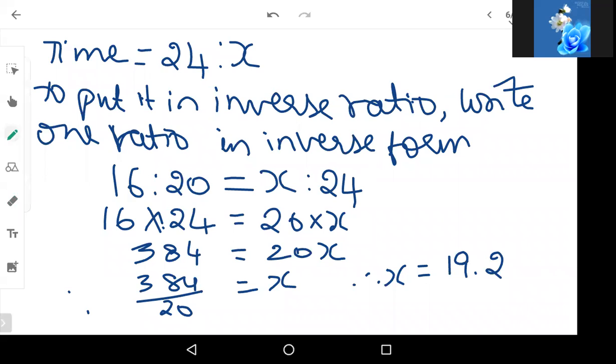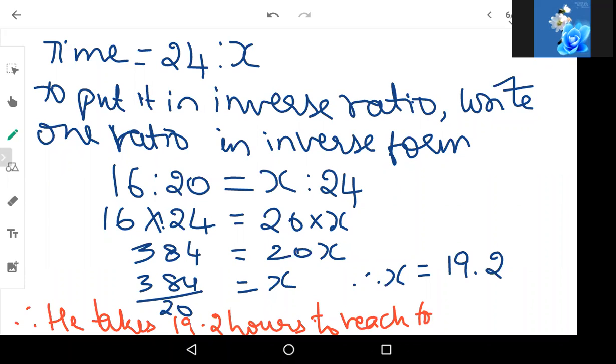Okay. Now give the conclusion. Therefore, he takes 19.2 hours to reach town at 20 kilometers per hour speed.